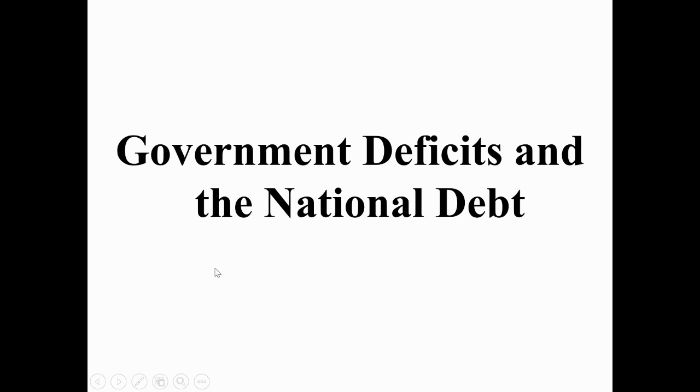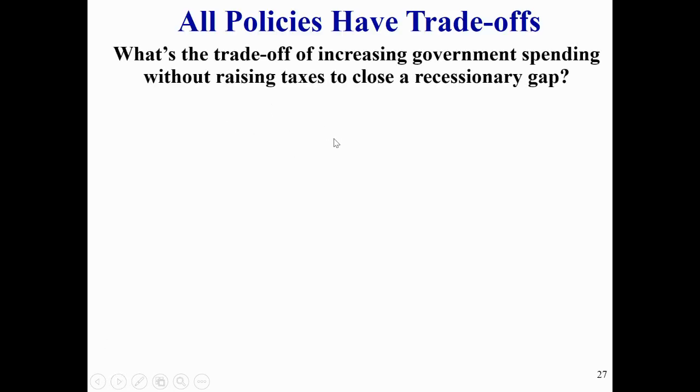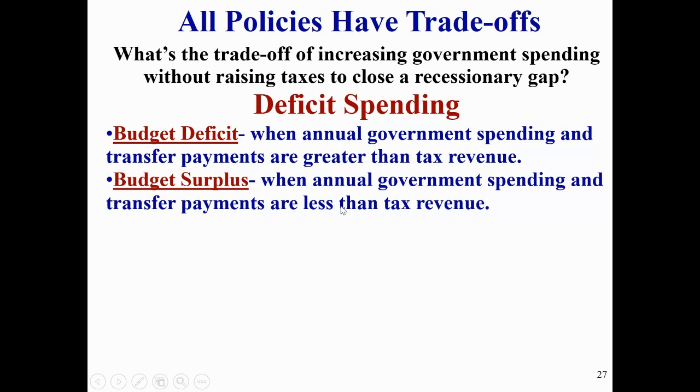So when we think of government deficits and national debt, that is something we have to be very concerned with. There are trade-offs. Increasing government spending without raising taxes to close a recessionary gap will happen, but we get deficit spending. We have to look at our budget deficit, how much we're spending versus our tax revenue. A budget surplus usually happens in an inflationary time, when our spending might fall and our tax revenue is a little bit higher.